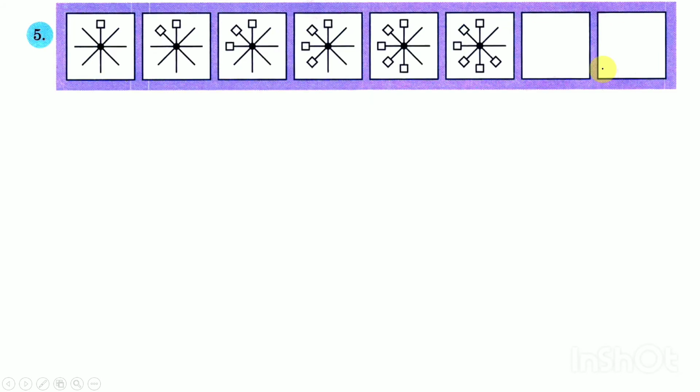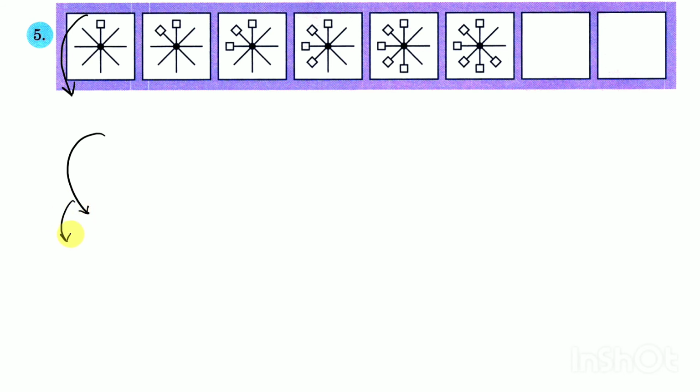On moving to our next problem, there is actually an increase of boxes or squares in an anti-clockwise manner.